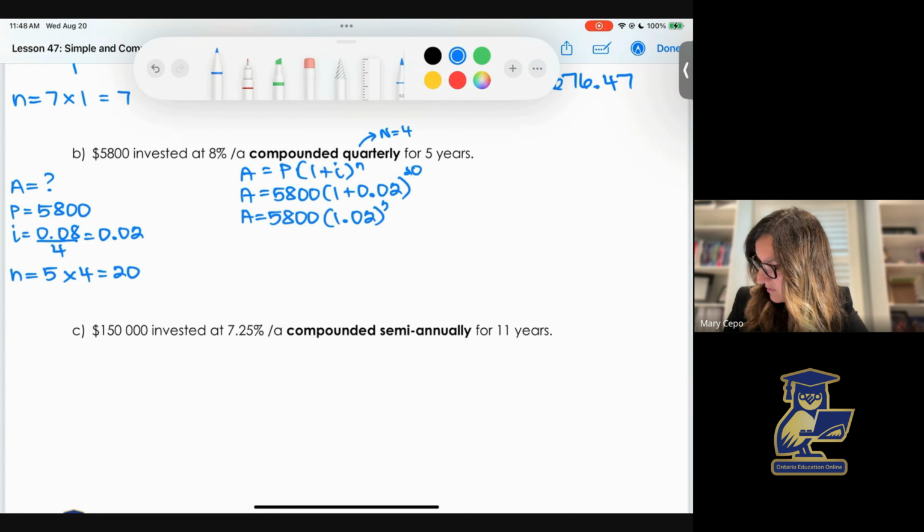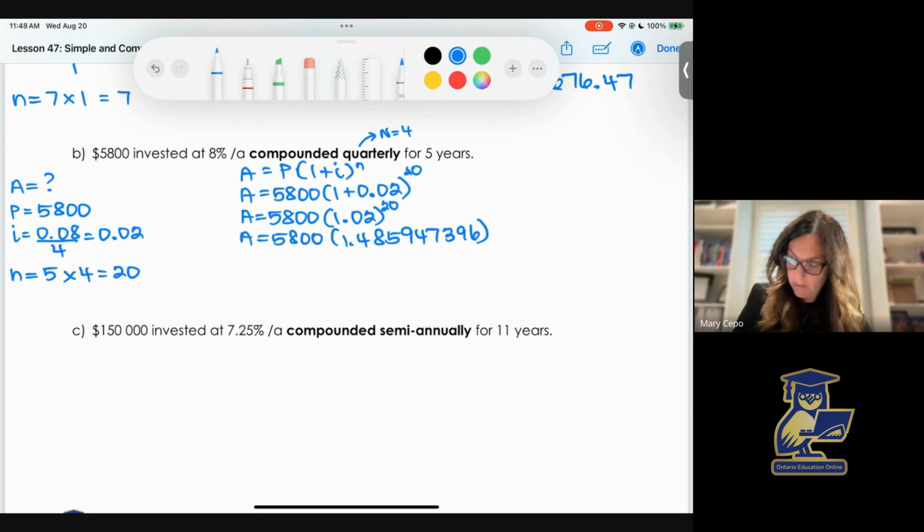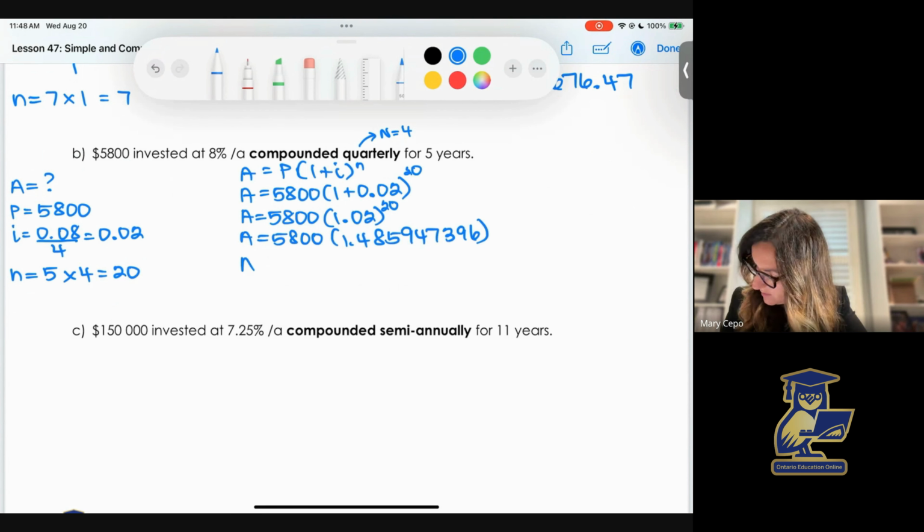Taking 1.02 all to the exponent of 20 gives 1.4859473996. If we multiply that by 5,800, we have an amount of about $8,618.49.